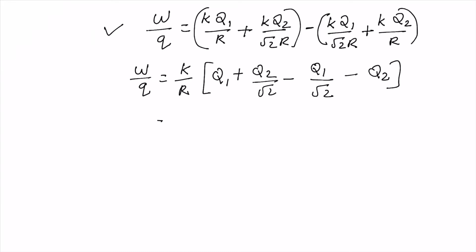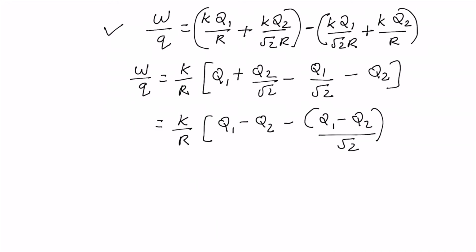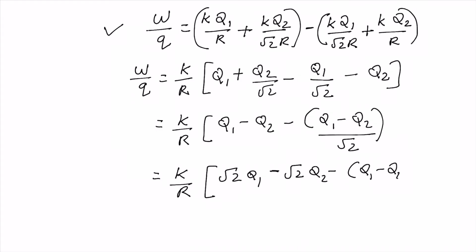Rearranging, you will get like this: K by R into Q1 minus Q2 minus Q1 minus Q2 by root 2. Then it becomes like this: K by R into root 2 Q1 minus root 2 Q2 minus Q1 minus Q2 by root 2.